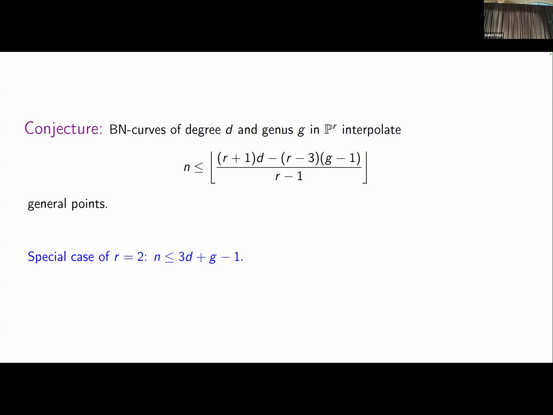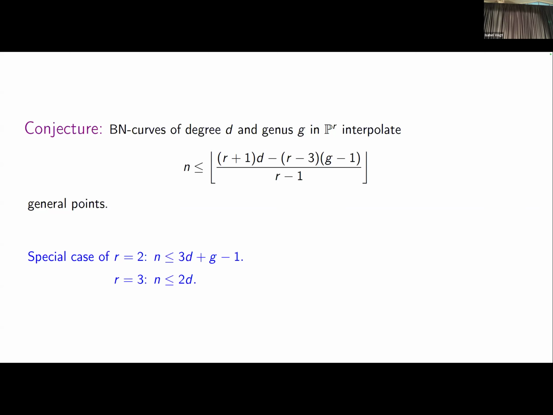So that's good. I want to do one more special case, which is when r is 3, which is pretty nice because all dependence on the genus drops out from this conjecture. So when r is 3, it just conjecturally predicts that a space curve of degree d should interpolate 2d general points.